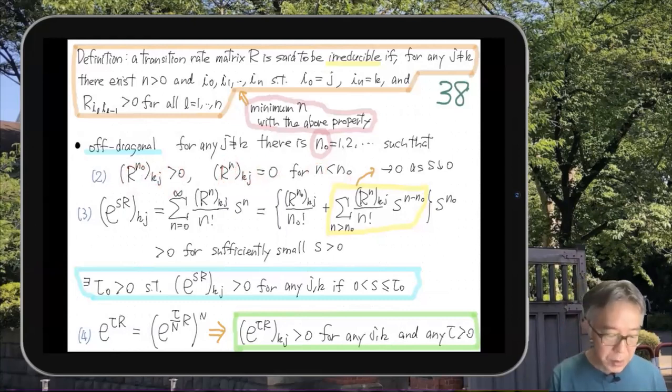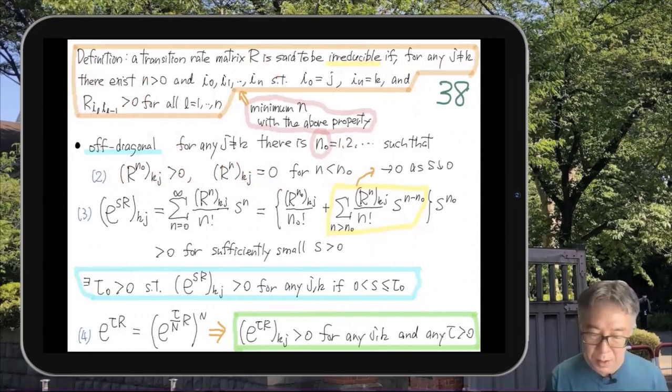Okay, why is this true? So I recall the definition of irreducibility of R. Our R is of course irreducible, and this is the definition. For any j and k, there exists a path of length n, which basically consists of non-zero off-diagonal elements of R. This is a definition of irreducibility.